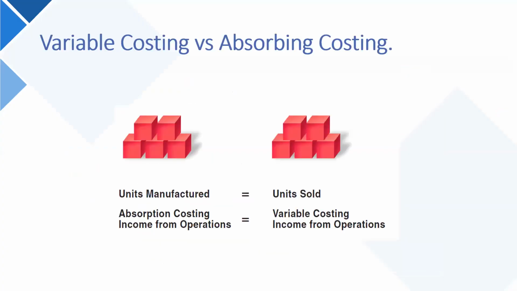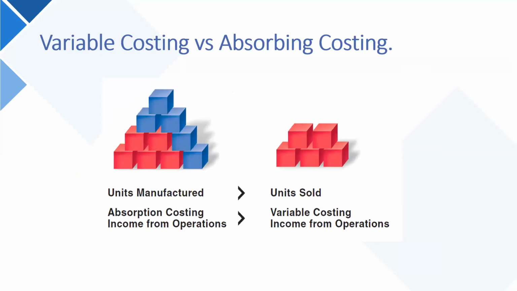So what is what we learned here? When you are doing this valuation, when you have the same units manufactured and units sold, the absorbing costing will give you the same income from operation as the variable costing, right? If you are selling what you produce, there is no difference in the two methods.